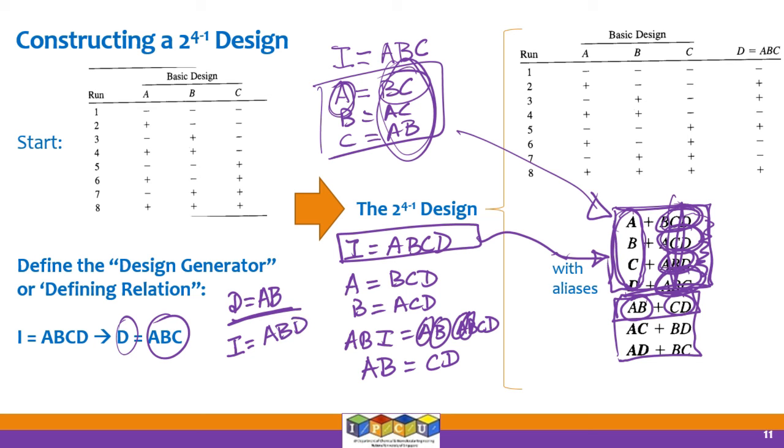If you do that, you can see right away you're aliasing a direct effect of D with a two-factor effect, which is going to be somewhat inconvenient because AB itself could be significant, D can be significant, so you're losing out on both sides. So that's the general idea why D is equal to ABC is probably the best way to generate the D column and do the 8 experiments involving 4 factors.